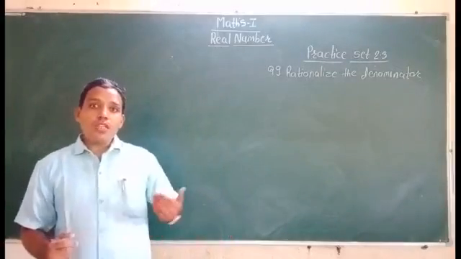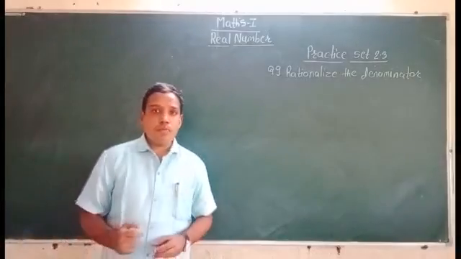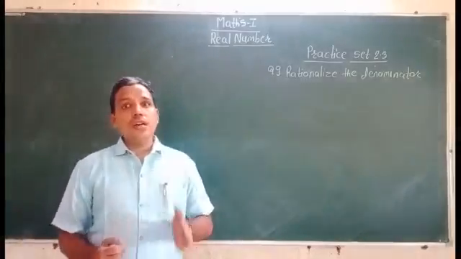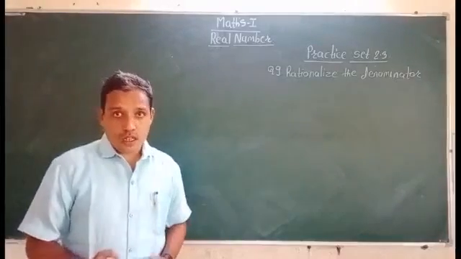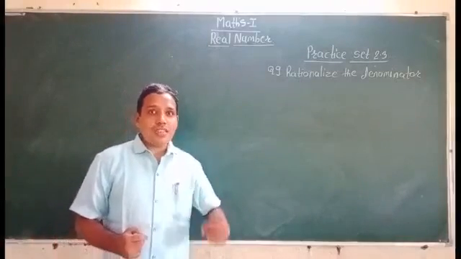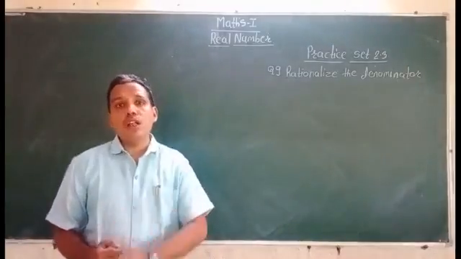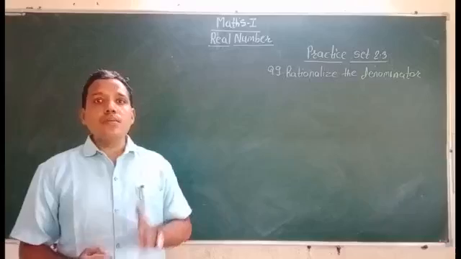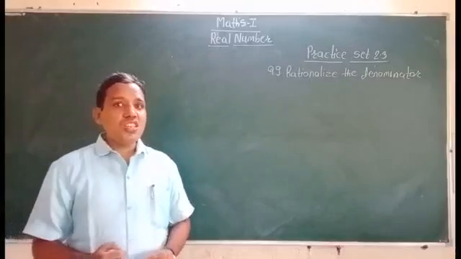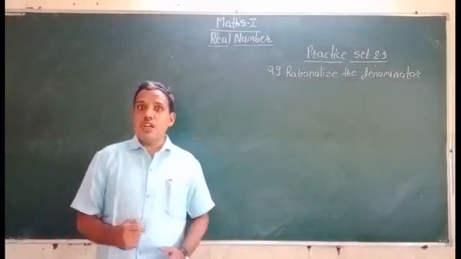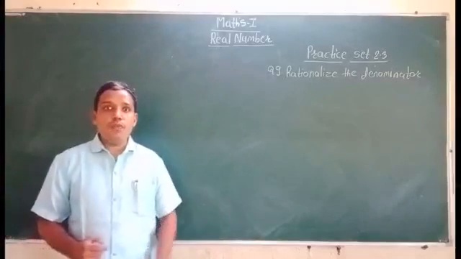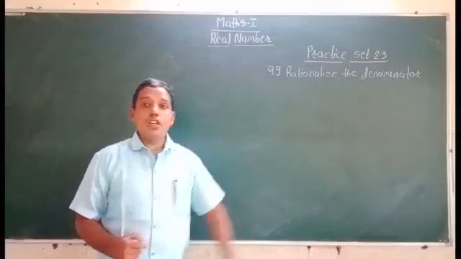How can we convert the surd into its rational form? By getting the rationalizing factor. That means that surd we multiply by another surd, and the product of those surds gives a rational number, and in this way we have rationalized the denominator.